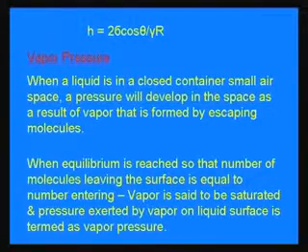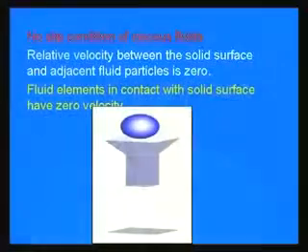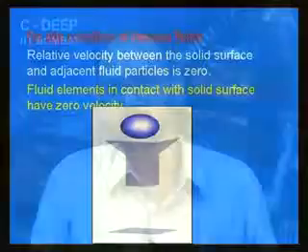This pressure is called the vapor pressure, and when equilibrium is reached, so that the number of molecules leaving the surface is equal to the number entering, the vapor is said to be saturated, and the pressure exerted on the liquid surface is the saturated vapor pressure. This vapor pressure is especially important for fluids contained in bottles or in pipes.